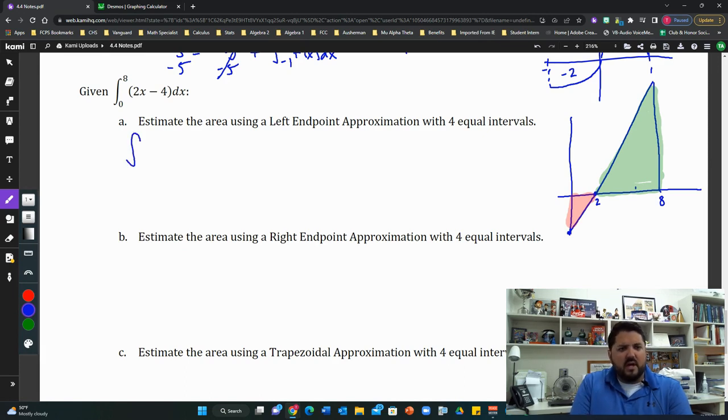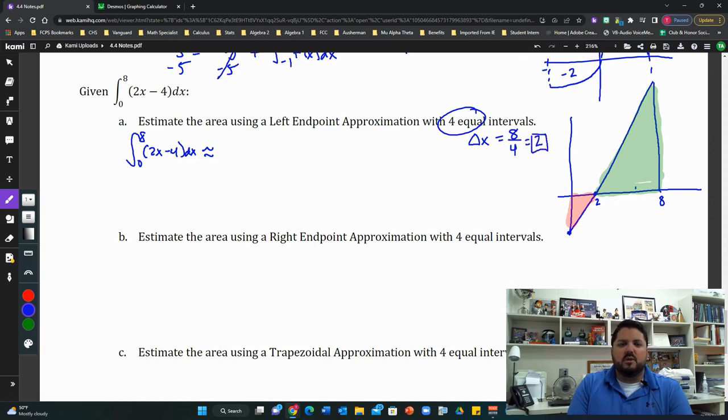So let's do that. Notationally, I can write the integral from 0 to 8 of 2x minus 4 dx is approximately equal to, and because we're estimating, we don't have the limit right now, and actually I don't need the sigma either. So this would just be the shortcut way. Because I'm picking a number of subintervals, this is the faster, easier way. My interval is 8 units wide, and I'm breaking that into 4 pieces.